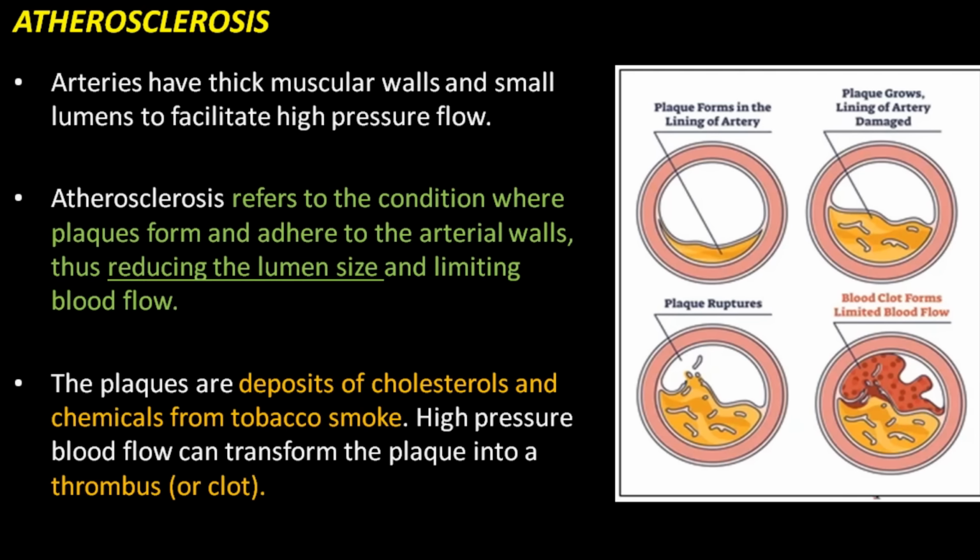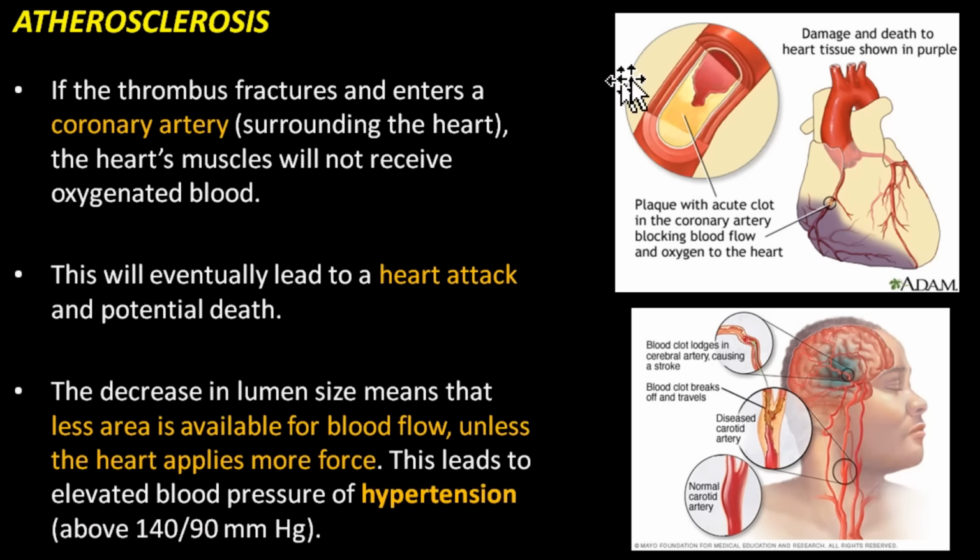So as previously said, if the thrombus was to fracture and enter a coronary artery, which are those that surround the heart's muscles, the heart will not receive enough oxygenated blood, so it will not be able to beat properly. So this would eventually lead to a heart attack and potential death if it's not treated soon enough.